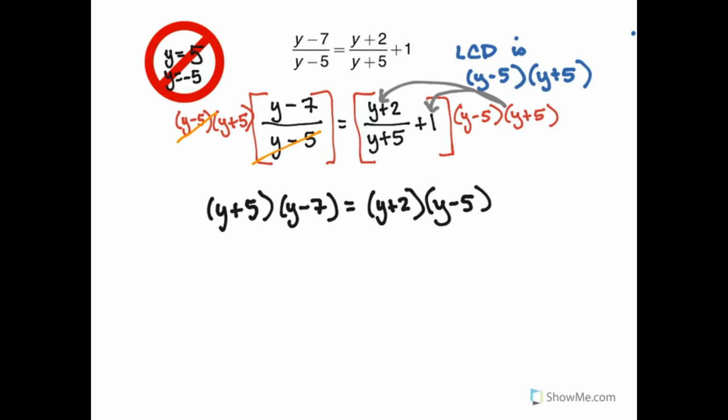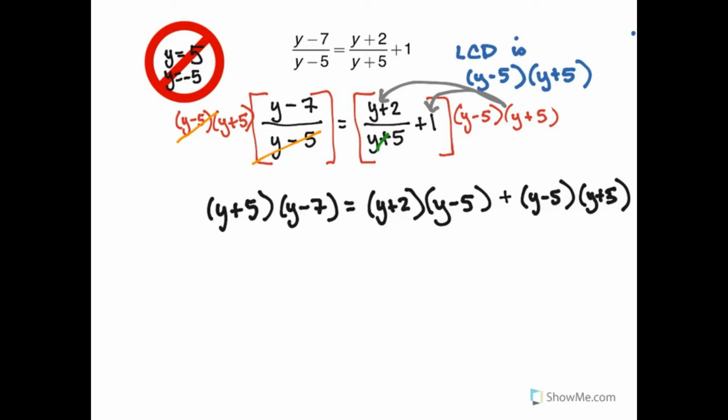The y plus 5's, this one and this one, canceled out. Finally, I'm going to multiply 1 times that lowest common denominator. So that's going to give me plus y minus 5 times y plus 5. Well, there's a lot of multiplying to do here, but no more fractions.